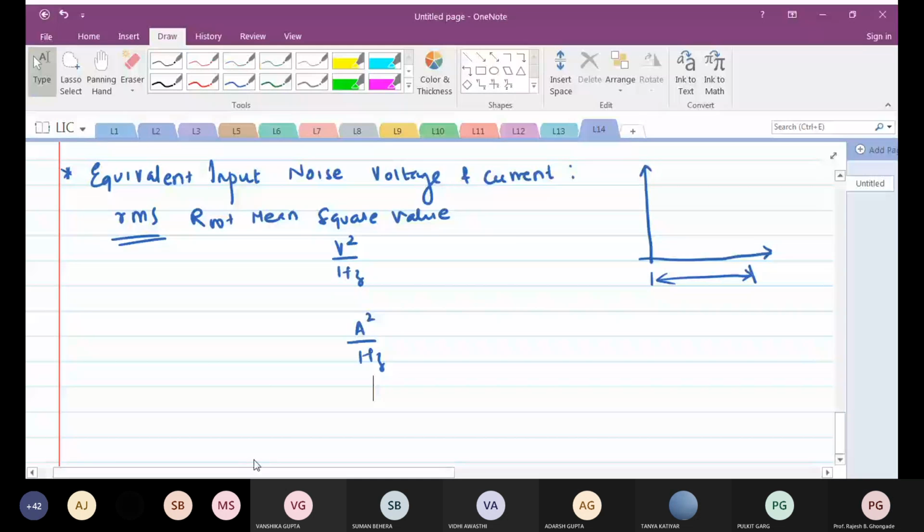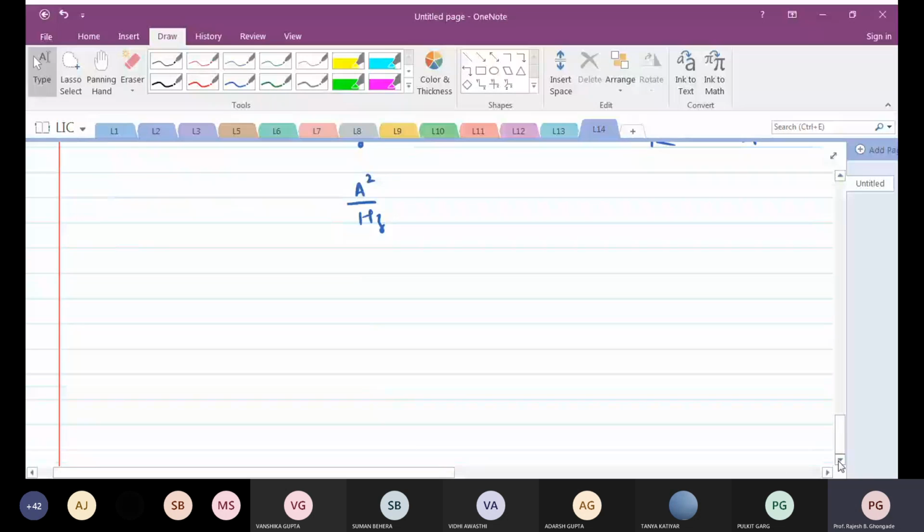Now let us quickly summarize the important performance curves.